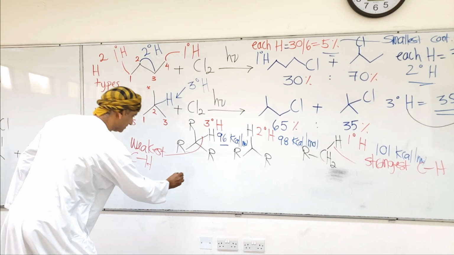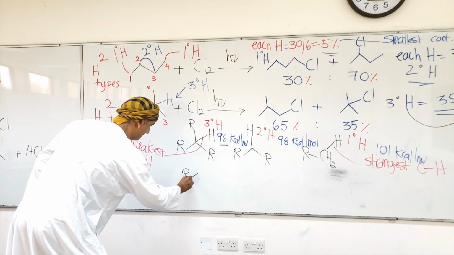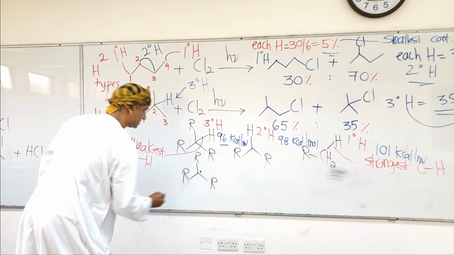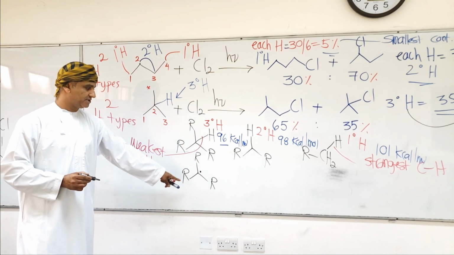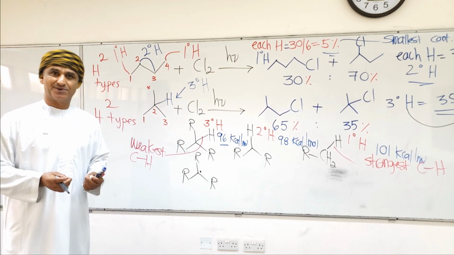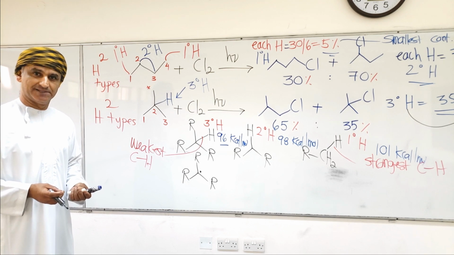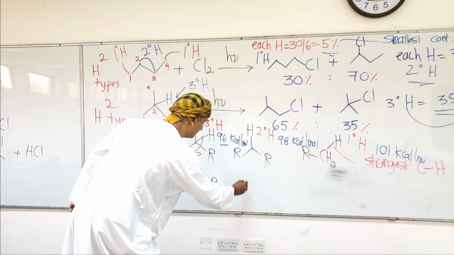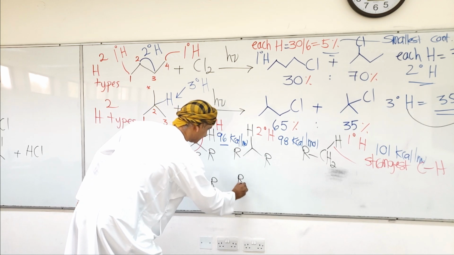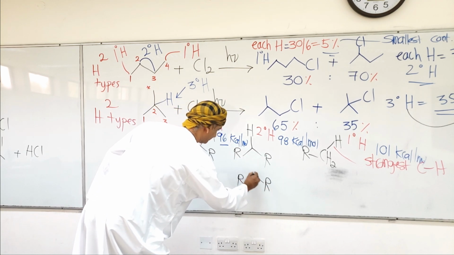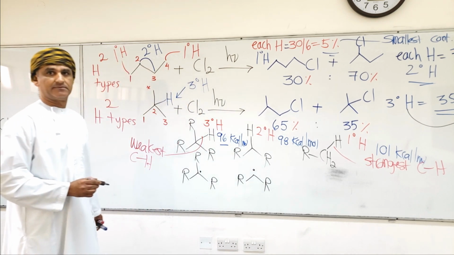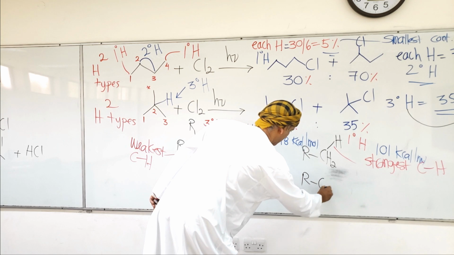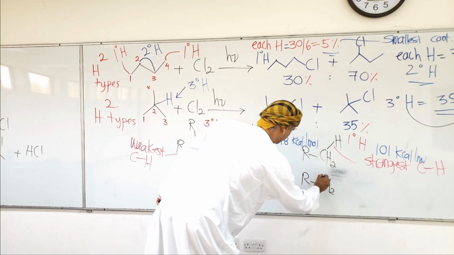Okay. So this will give this radical, which would be, of course, because that's a tertiary hydrogen, this radical would be labeled as a tertiary radical. So this would give the tertiary radical, and this secondary substrate would give this secondary radical, and this substrate would give this primary radical.